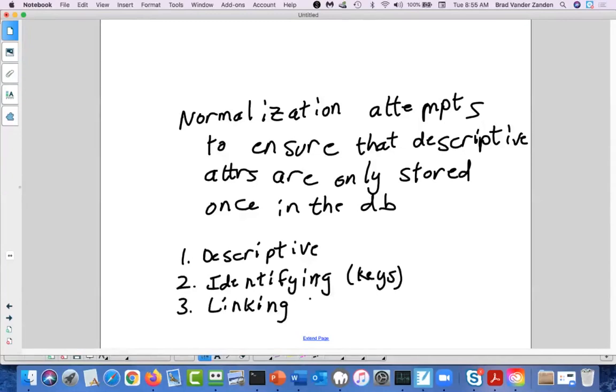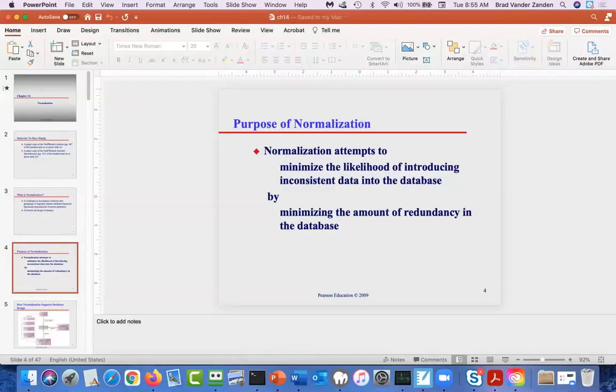So we can't avoid having some redundancy right here. There's going to be redundancy here because a foreign key has to be the same as some identifying key. But with normalization, we're attempting to only put a descriptive attribute in one place in the database. So that's the goal.